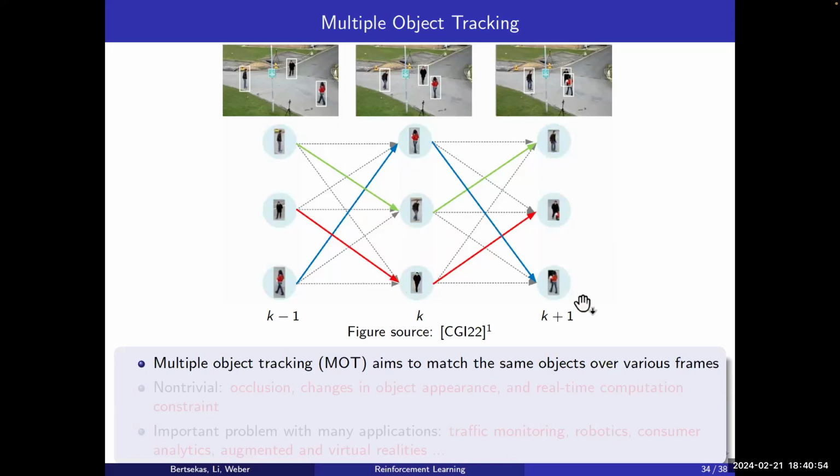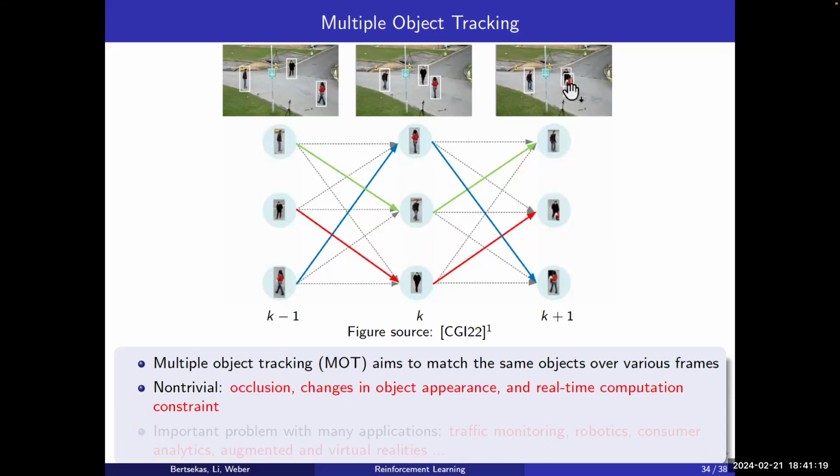And this problem is highly non-trivial because of various challenges. In practice there can be additional challenges, but let's just assume that every object in the various frames has been identified and put in a clearly drawn box. Then there are still other challenges, like occlusion.